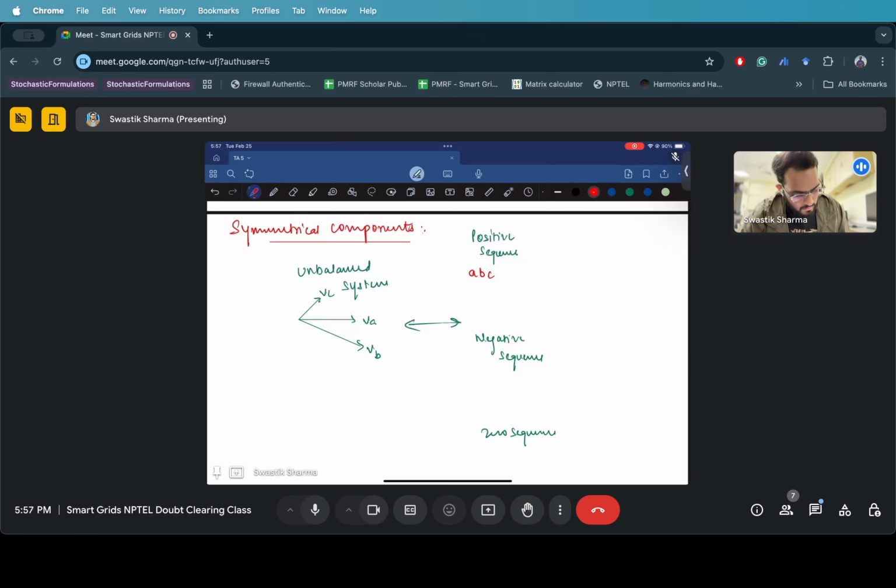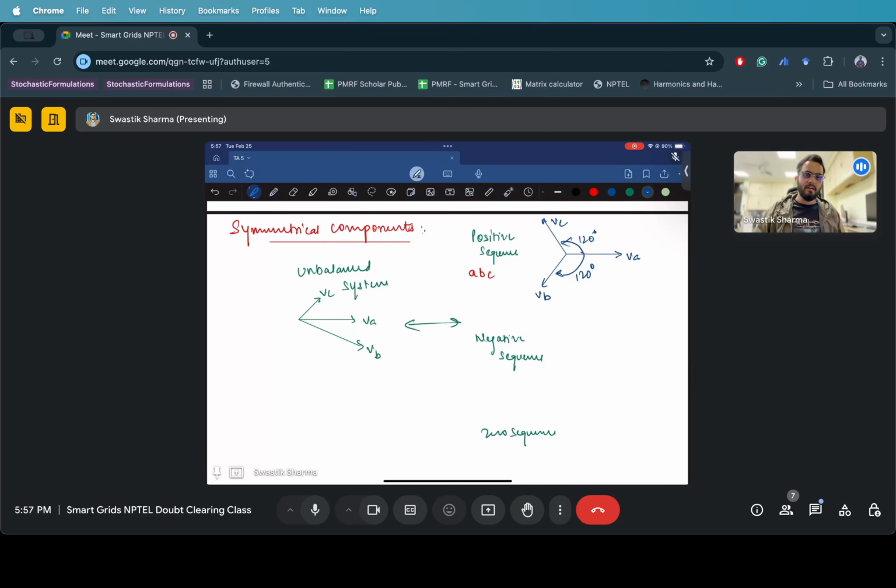For example, if I draw, this is VA, this is VC, this is VB, all 120 degrees apart, where B is leading phase A, right? So this is how a positive sequence or a perfectly balanced system looks.